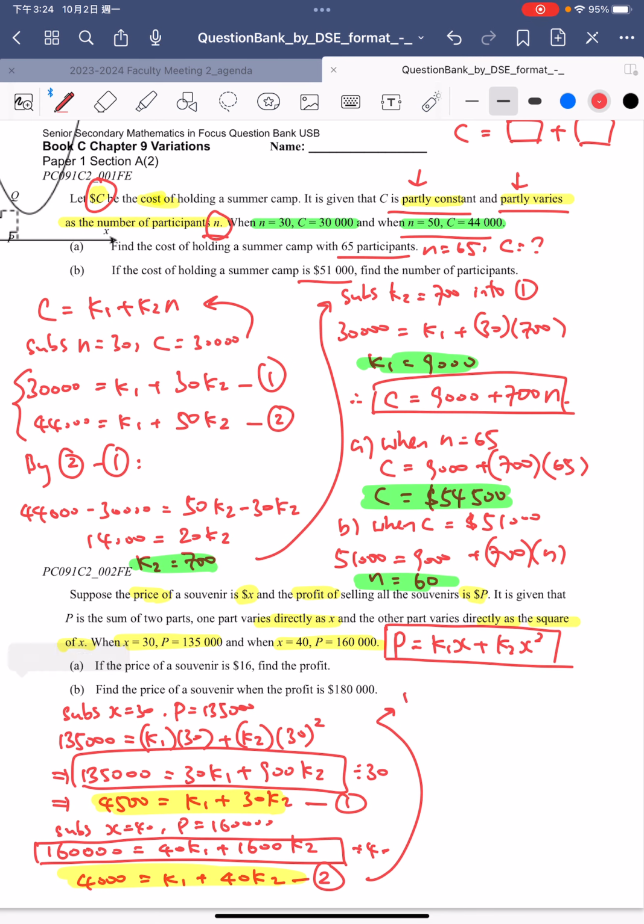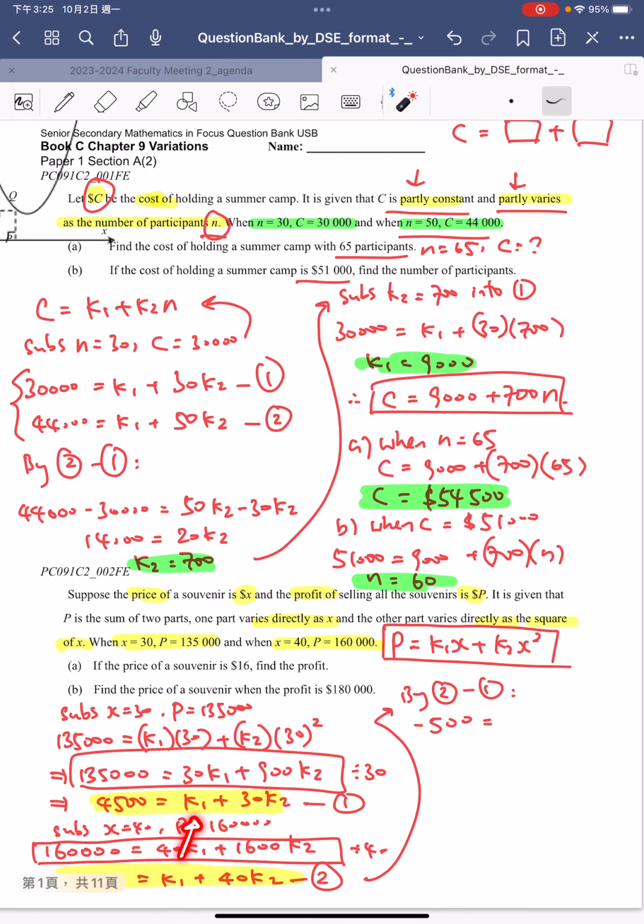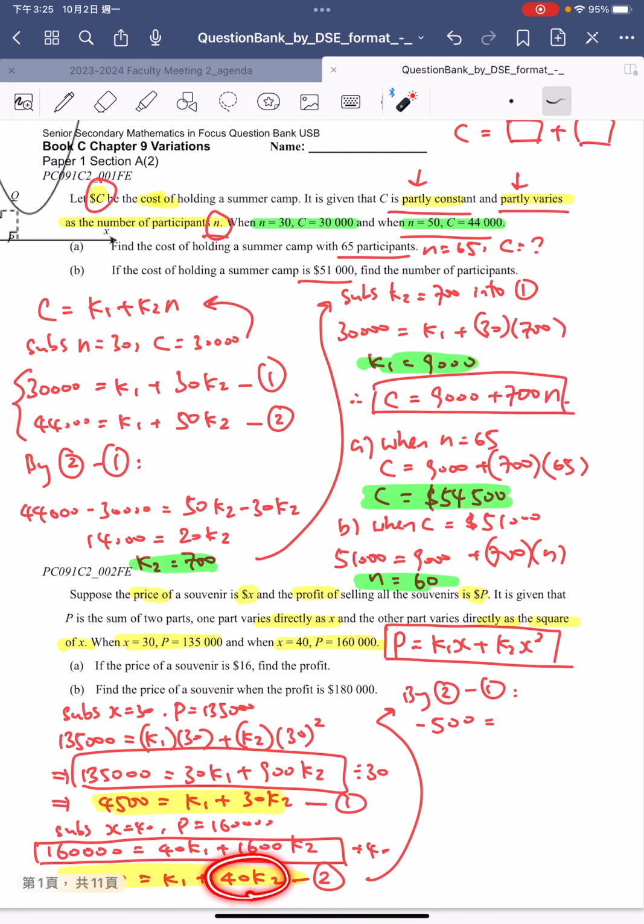By the second equation minus the first equation, we have 4,000 minus 4,500, so now we have minus 500, which is equal to K1 minus K1 giving you 0, and 40K2 minus 30K2 will give you 10K2.